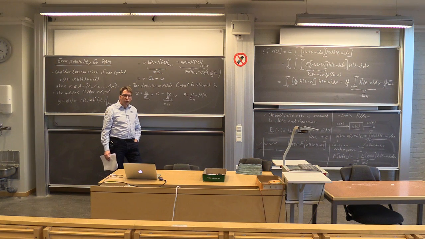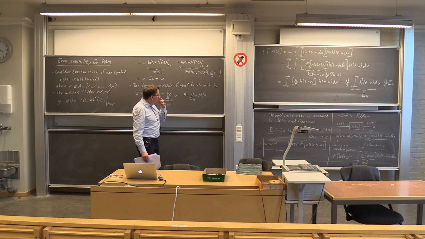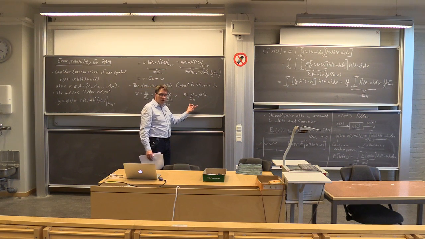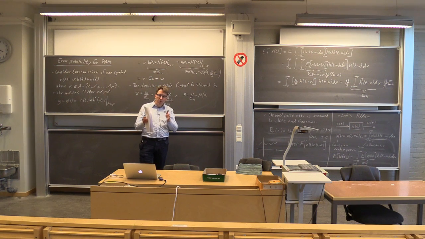It's not hard to see that if we have a variable and we multiply it with a constant, then the variance changes with the product, the square of the constant. So if you multiply a random variable with a constant, the variance scales with the square of the constant. Okay, so it's almost like amplitude and energy, right?